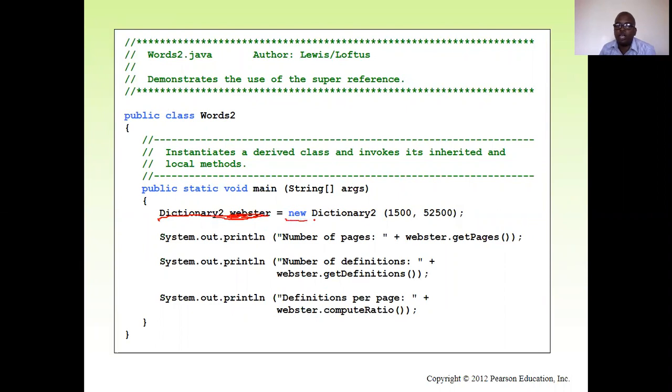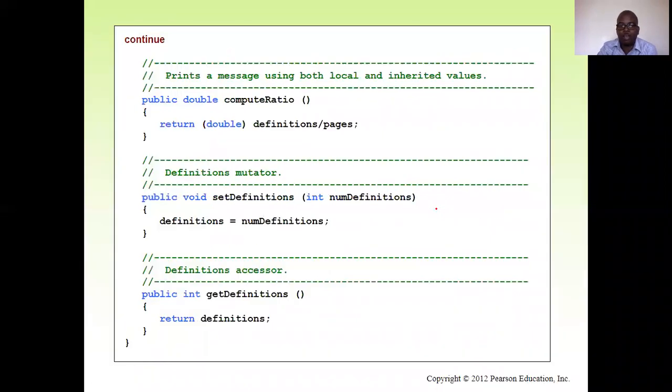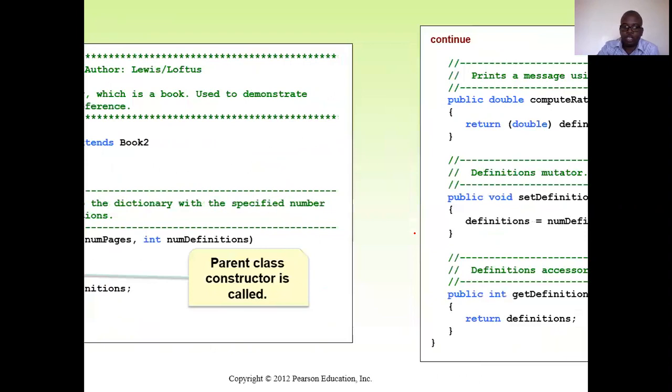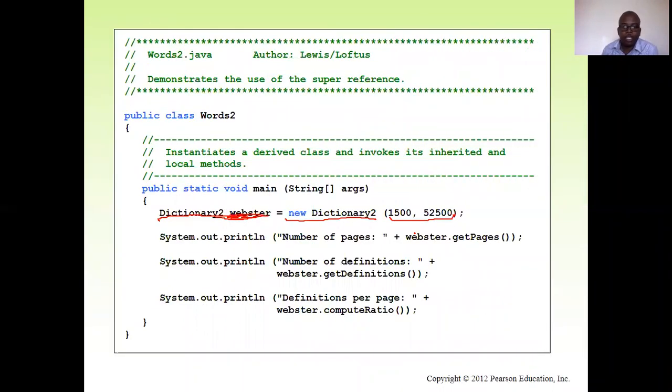When we call the dictionary 2 constructor, we have to pass in 2 things based on what we defined earlier: num pages and num definitions, right? And so now we can say Webster.get pages and Webster.get definition, and those will invoke the versions of the method associated with the object type. Okay?